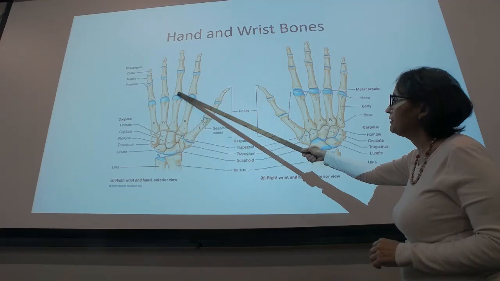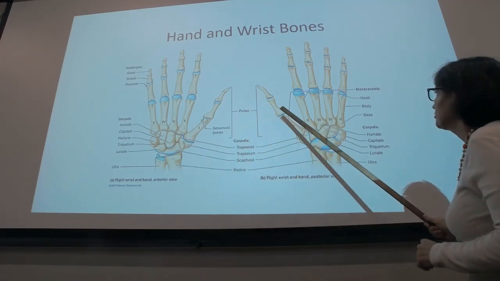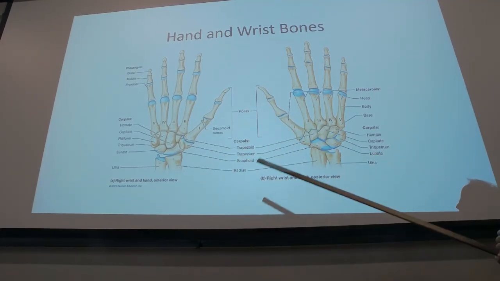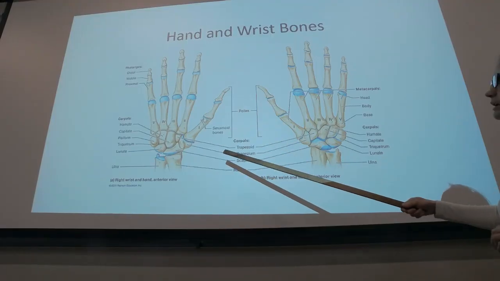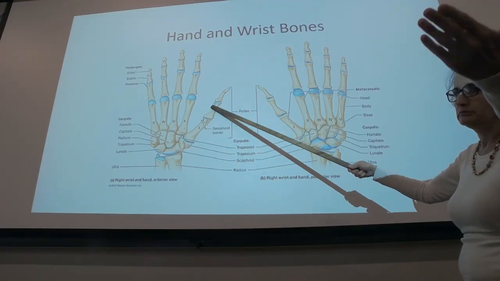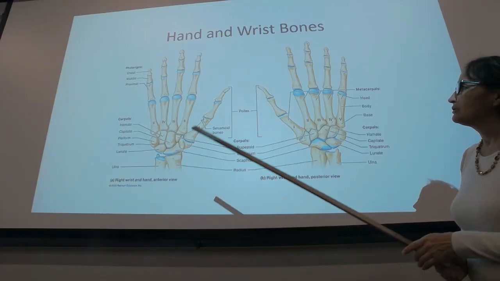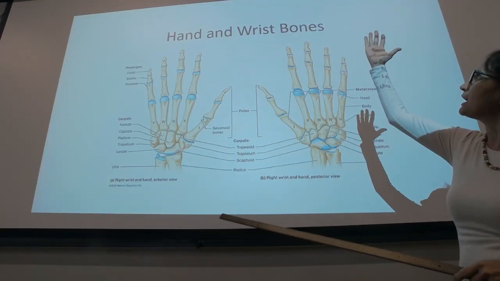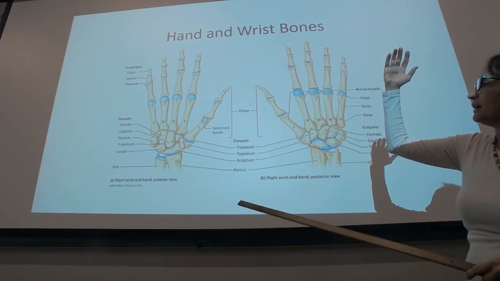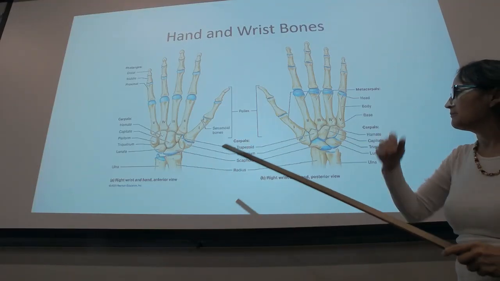This is the anterior view of our hand. This is the posterior view. The thumb in the anatomical position is lateral. So this is the right hand. So it's like looking like this, okay?